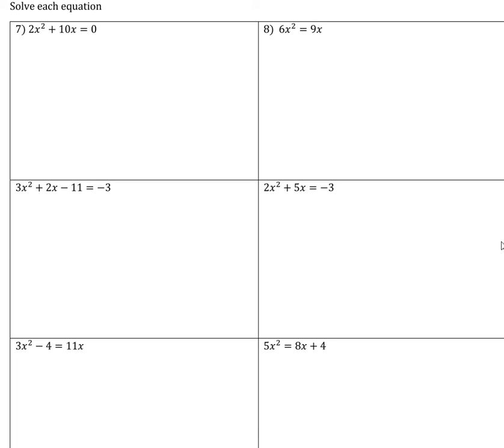Same thing, we still got to algebraically move everything to one side, so we're going to add that 3 on both sides. All right, so 3x squared plus 2x plus 8 equals 0.